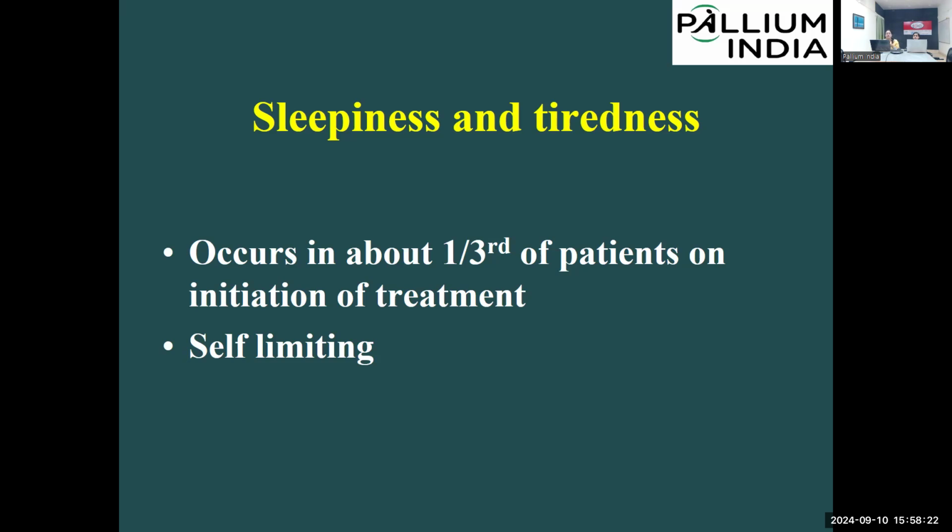So either metoclopramide, haloperidol, or domperidone should be taken along with the morphine for the first 3 days. Also tell them that they are likely to develop sleepiness and tiredness, but as days progress, they will get over it. If this continues, then they should inform you. So these are the instructions that you should give to the patient while starting them on opioids.